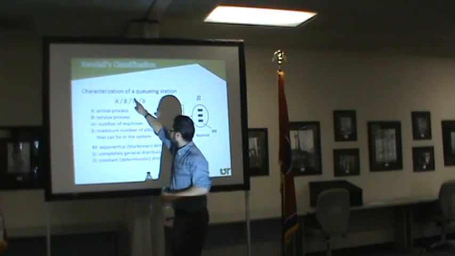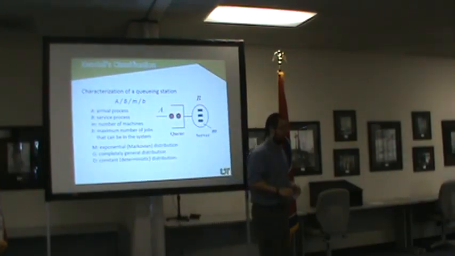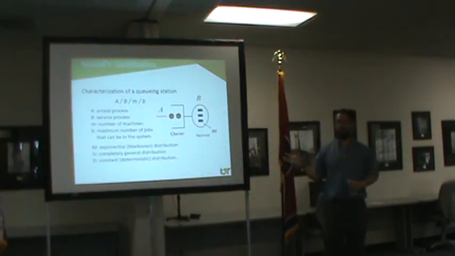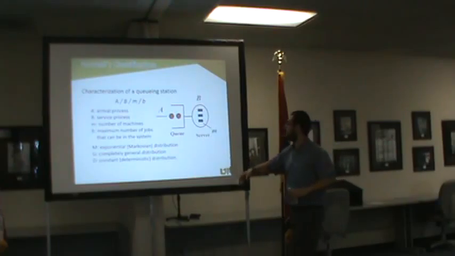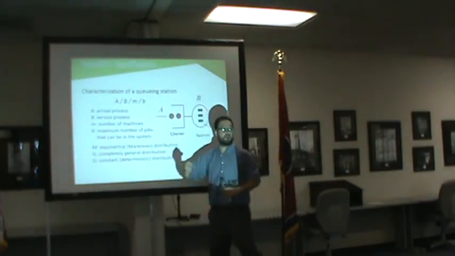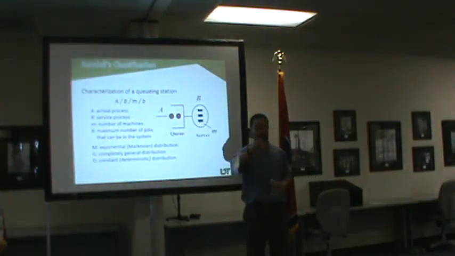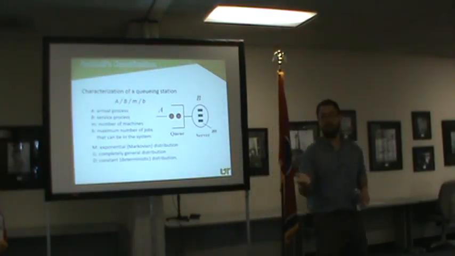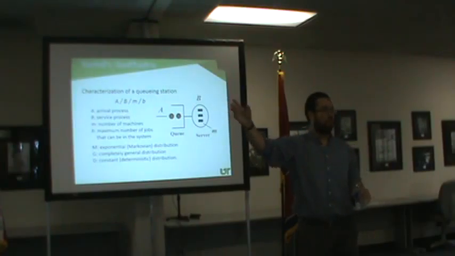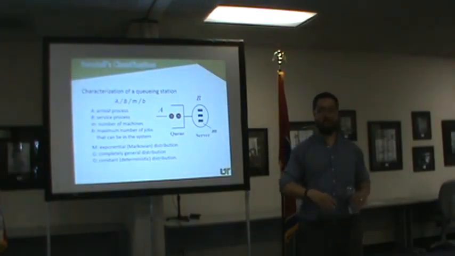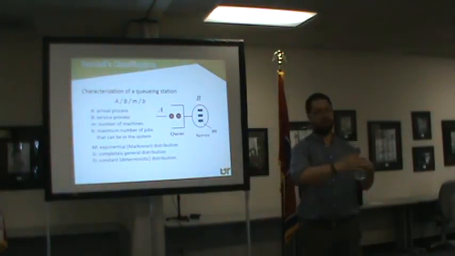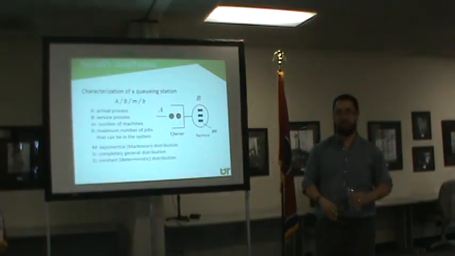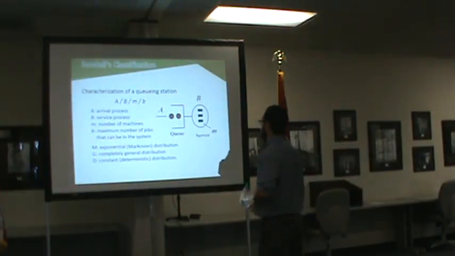Then we have M. M, in factory physics, is the number of machines. But traditionally, queuing theory is going to be the number of servers. So that basically goes 1 server, 2 servers, 3 servers. And that's as simple as, if we take the movie theater example, the windows open. Okay? If we go to Walmart, it's the number of registers open. Okay? So that's the number of servers.